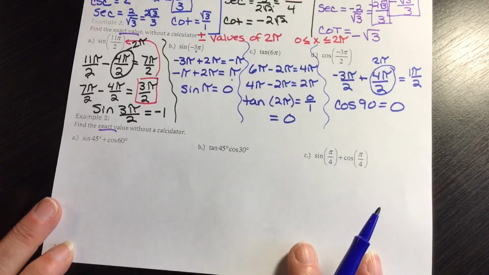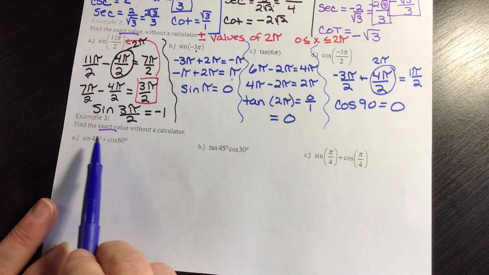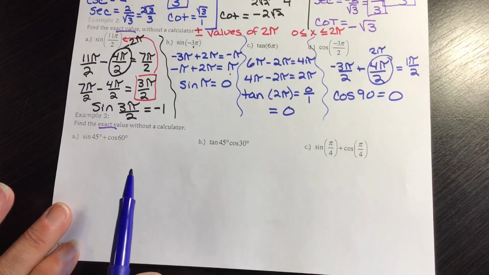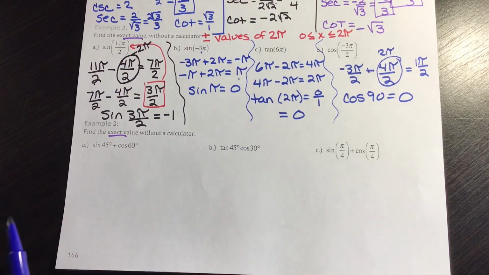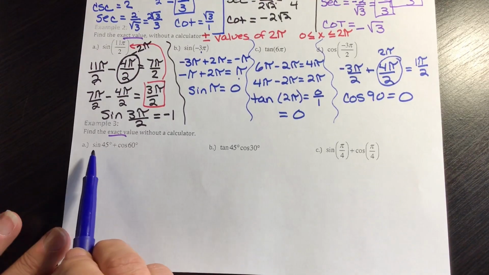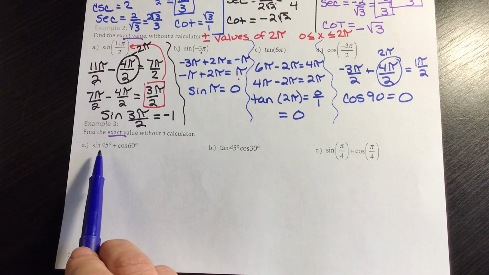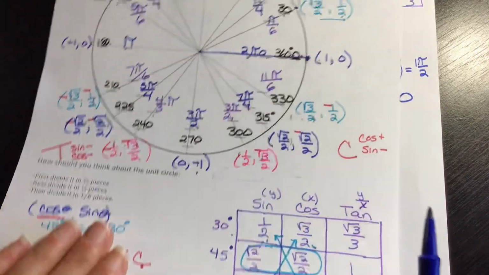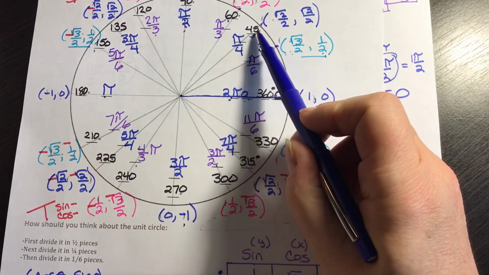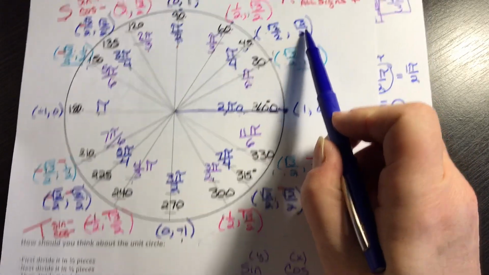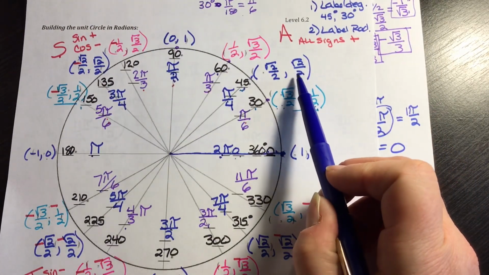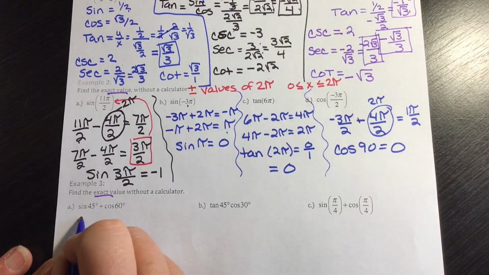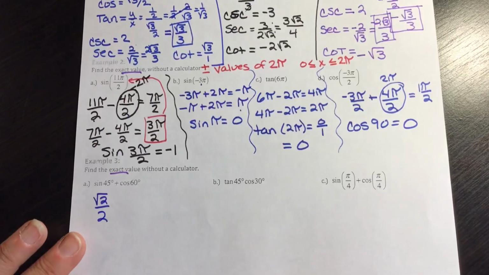All right, so example 3 says we're going to find the exact value without a calculator. So we're going to do some calculations here with sine and cosine. First it asks us for sine of 45 degrees. I can look at this, 45 degrees. Sine is square root of 2 over 2.